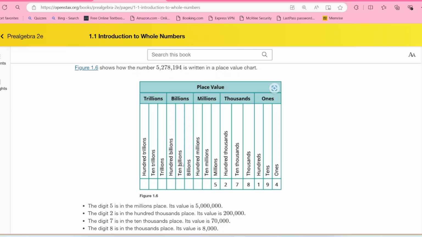Then the 10 billions place, which is 10 billions. The 100 billions place, and 100 billion is 10 10 billions. Then the trillions place, and a trillion is 10 100 billions. Then the 10 trillions place, and 10 trillion is 10 trillions.